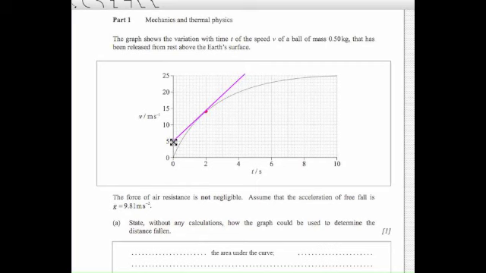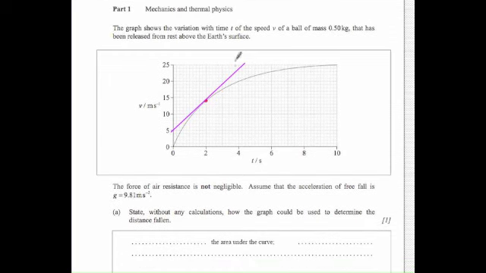And you need to do it quite accurately to get a reasonably good value. That's close enough for me.